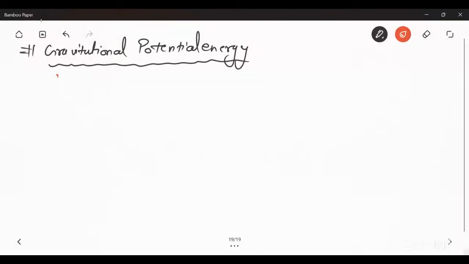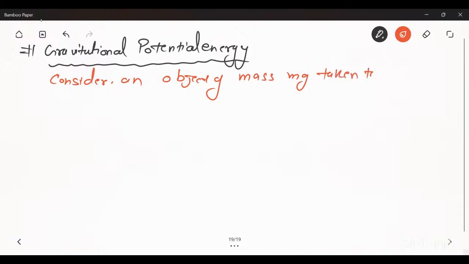Consider an object of mass m taken to height h. Okay, suppose that was the surface, and it was taken to height h from the surface. It has mass m and acceleration due to gravity g.